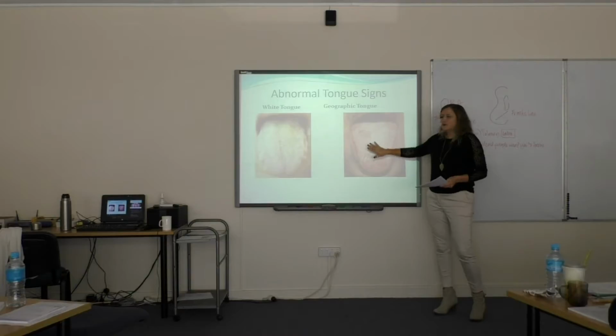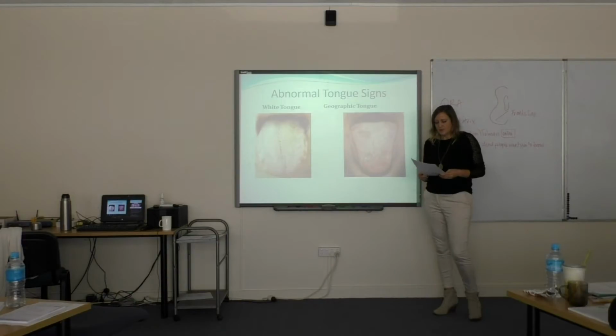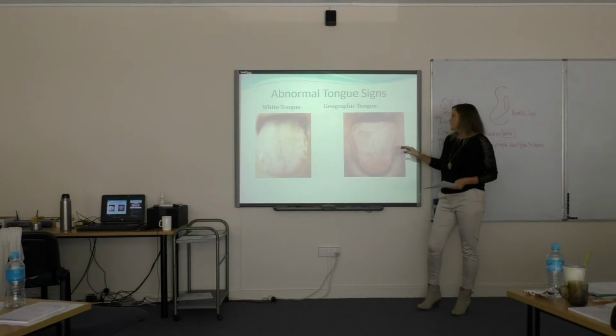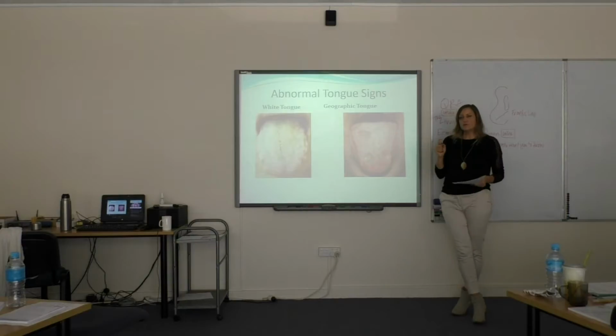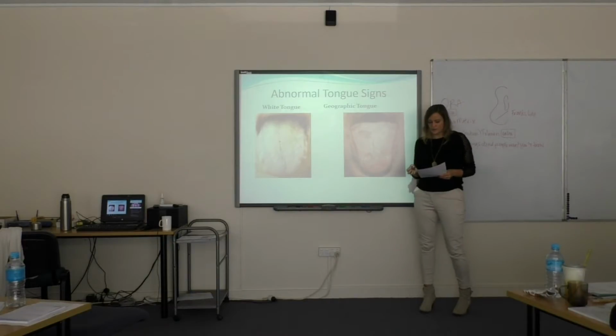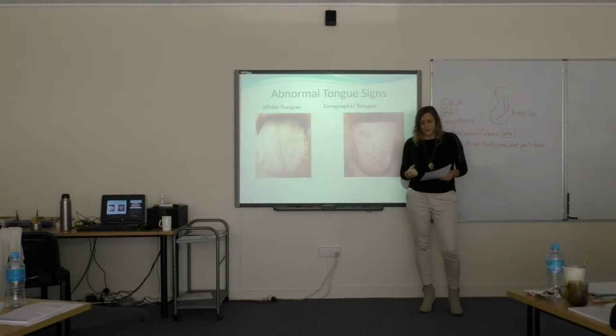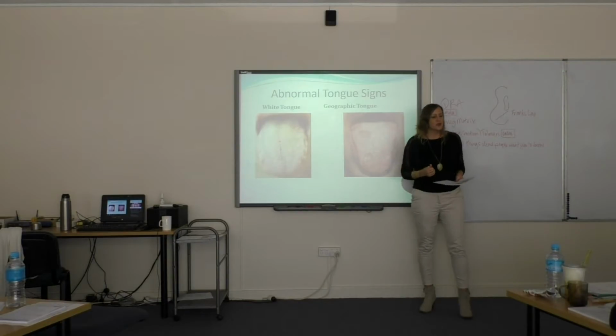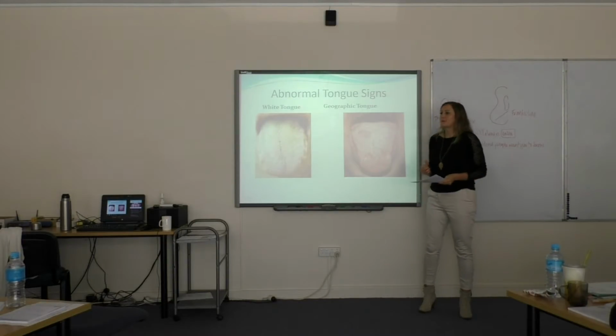We've got some white coating here, and can you also see how raw this area down here is looking? When you see someone with a geographic tongue, look for how their digestive function is working. They're usually not secreting enough of the digestive juices. So what would be some symptoms that you might see with a person who has that kind of problem? Burping, good.